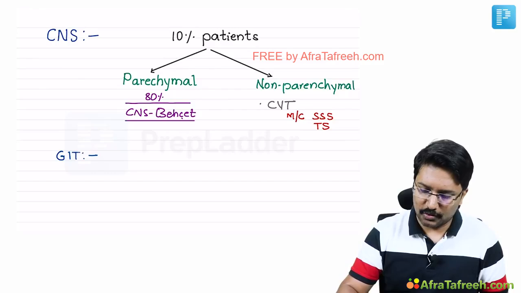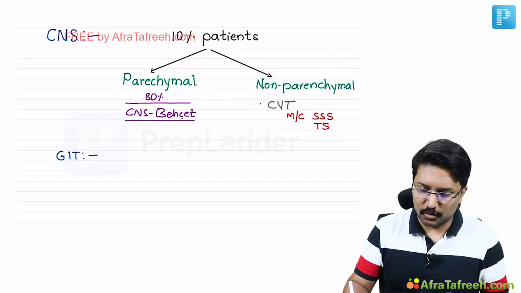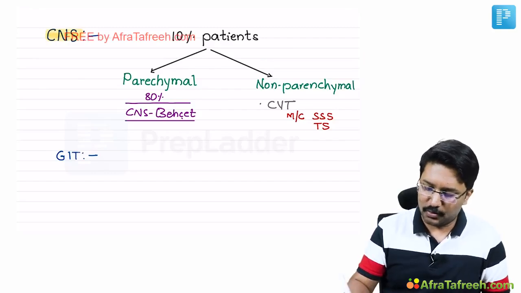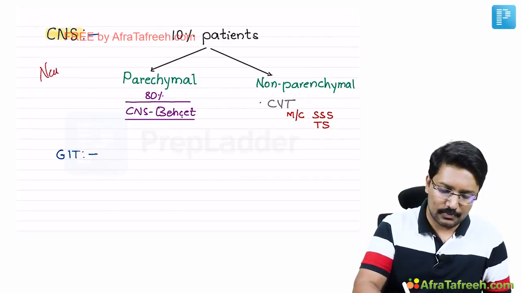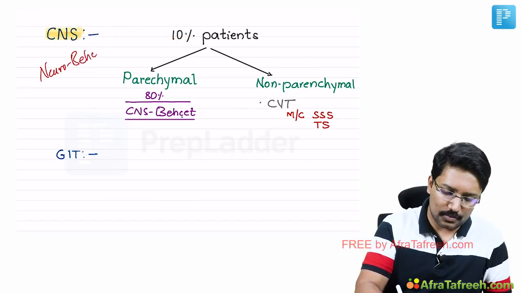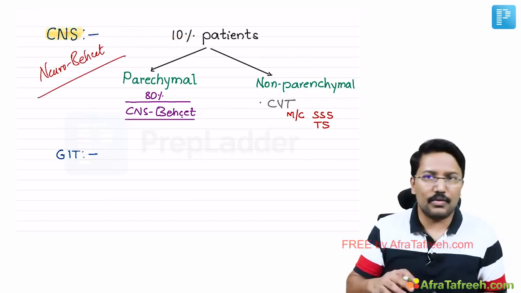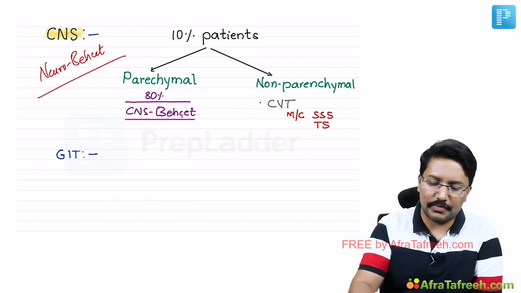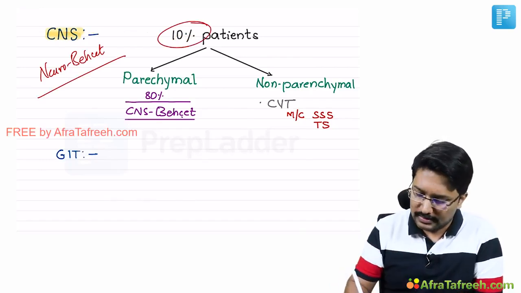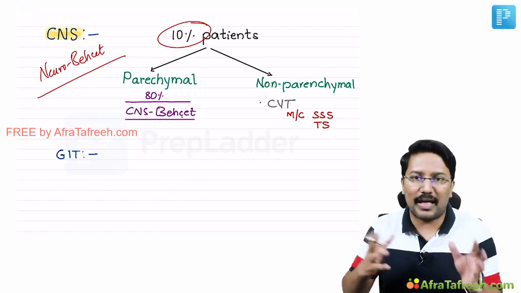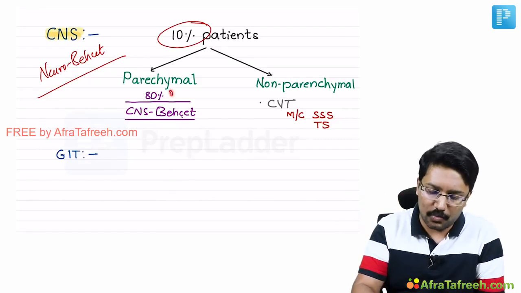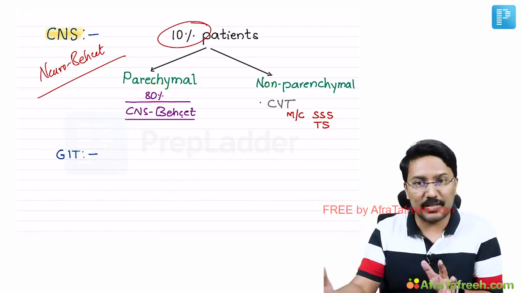Now that is about musculoskeletal. Now coming to probably the most dreaded organ involvement, that is CNS involvement, or you can say neuro-Behçet syndrome. This is not very common, but when it occurs, it is really difficult to treat. It affects around 10% of the patients, and this involvement can be classified into parenchymal, where patients develop brain parenchymal lesions, which is more common, seen in almost 80% of neuro-Behçet patients.